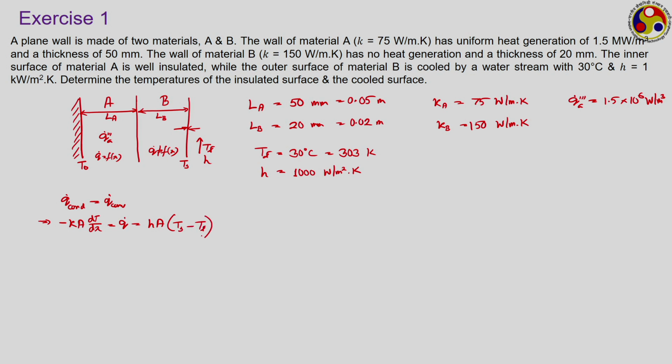Let us say the temperature at this point is T_AB. We have to find the temperature of the insulated surface and the cooled surface. So, Ts is the temperature, and this is why we can write the energy balance at the cooled surface.